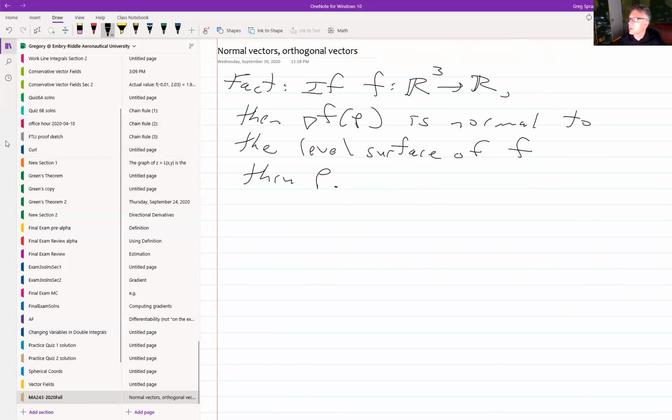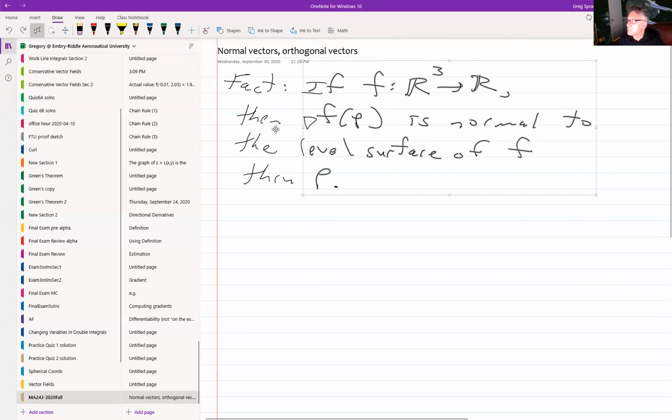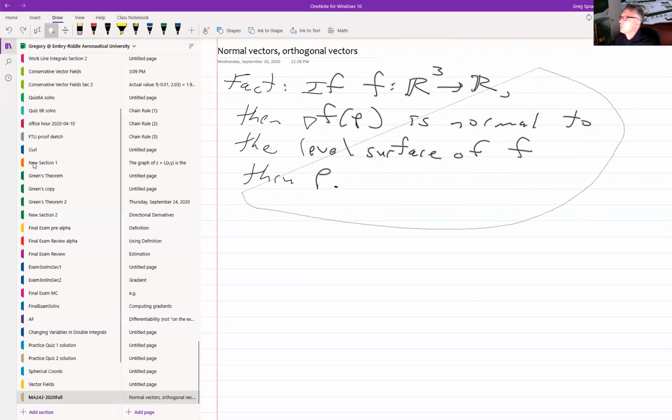There's a similar fact if f is a function of 2 variables. The only difference is that the level surface is a curve.